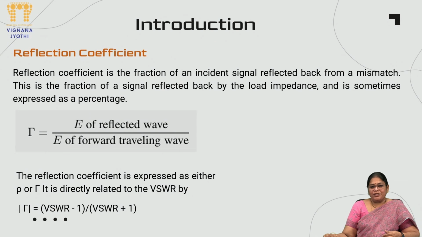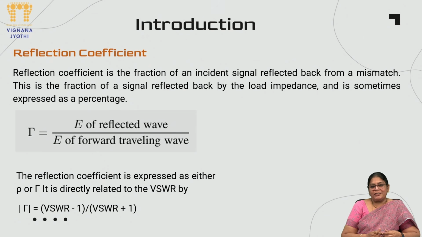Now coming to the reflection coefficient. What is reflection coefficient? Reflection coefficient is basically giving us the fraction of the incident signal that is being reflected from a mismatch. Now this fraction of a signal that is being reflected back can be expressed in terms of the power ratio, that is the power of the reflected wave to the power in the forward traveling wave.